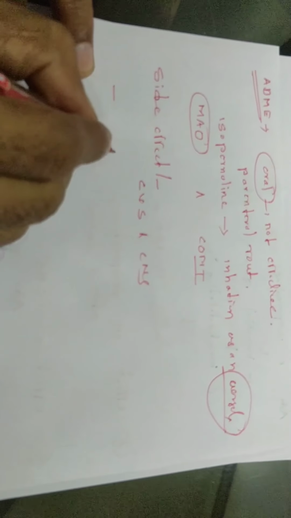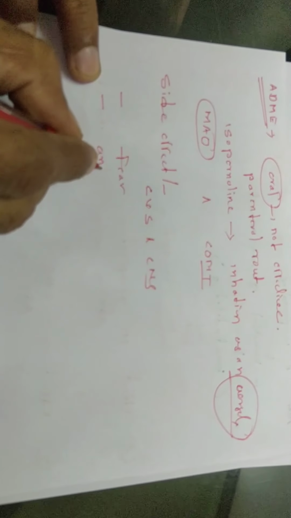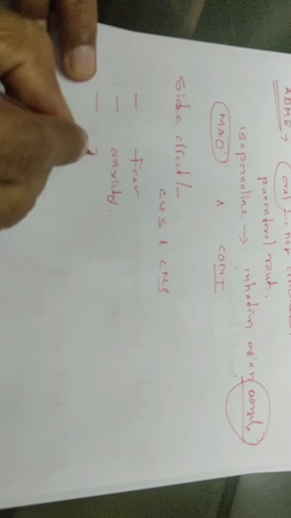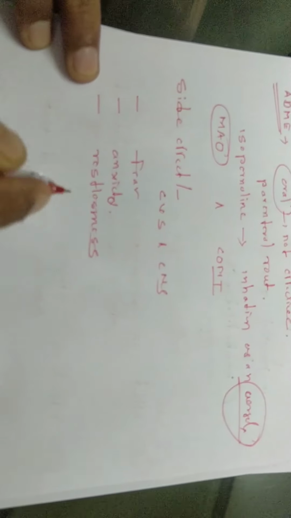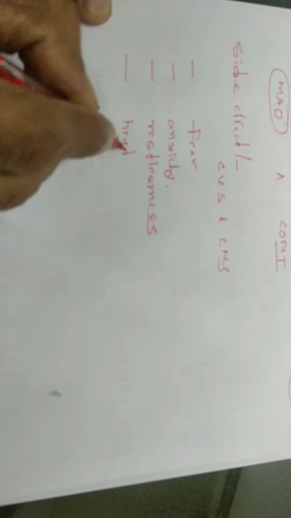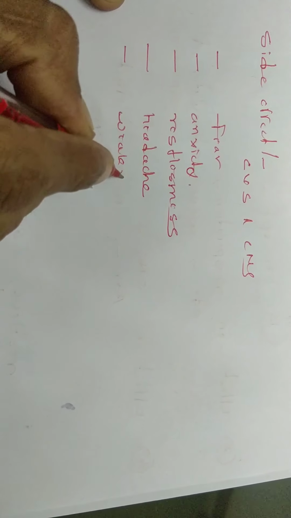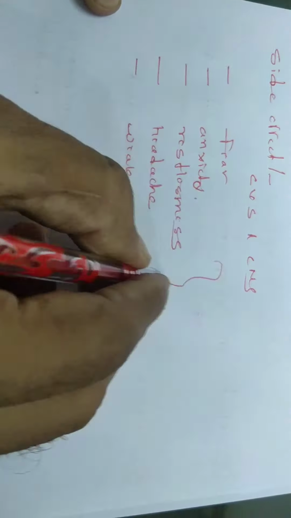It causes fear, that is apprehension, anxiety, worry, restlessness, headache, weakness. These are the main side effects of catecholamine.